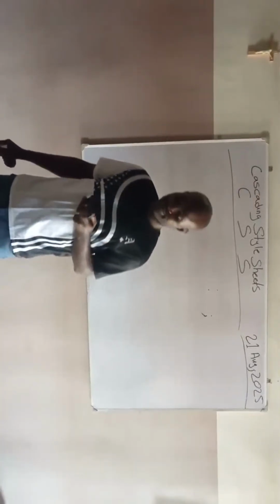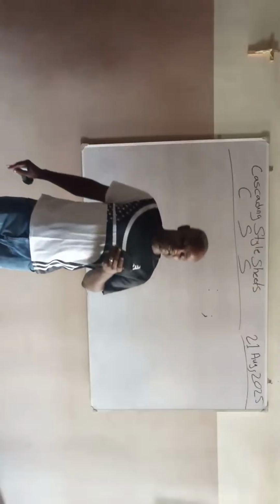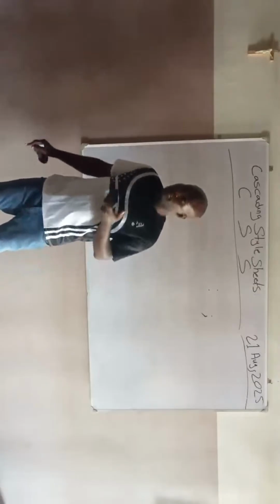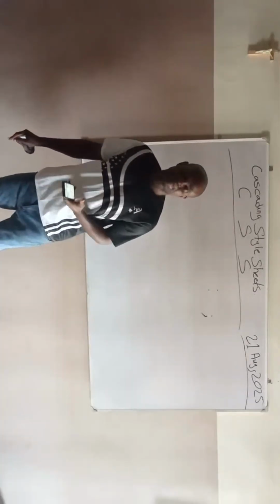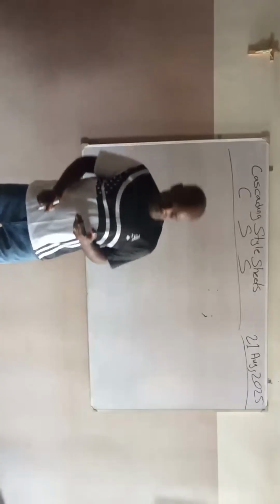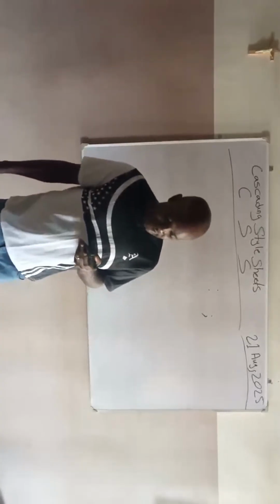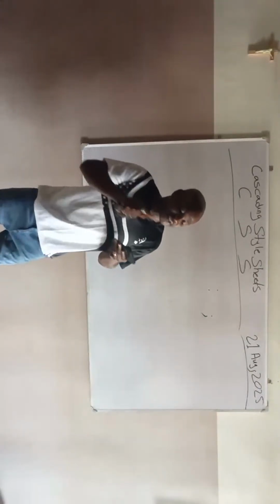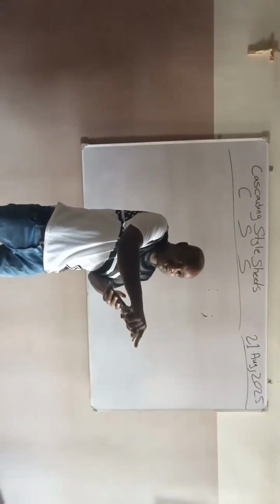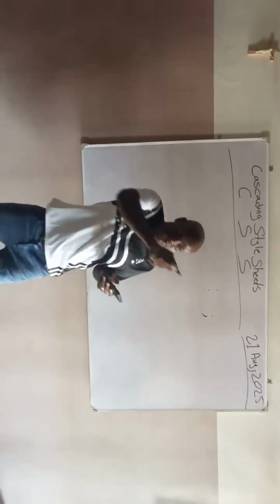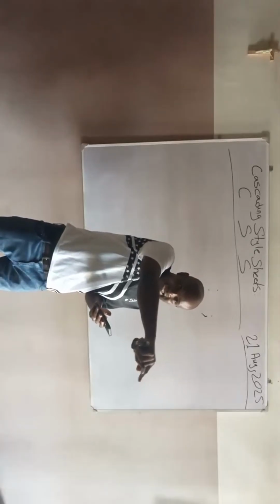I said a CSS rule consists of a selector and a declaration block. The selector and the block. Now, I said the selector points to the HTML element you want to style.